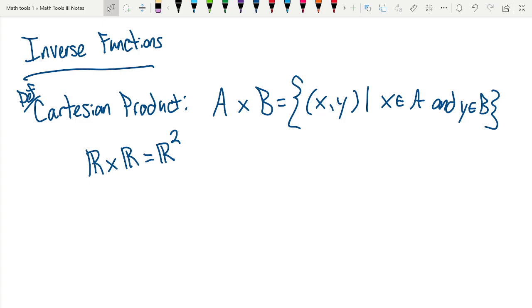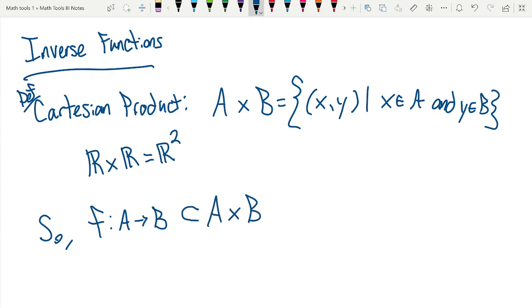So by that definition, we can view a function as a set. So f from A to B would be a subset, so I guess I should write it like this, of A cross B. And we can say it might be equal to, maybe not.